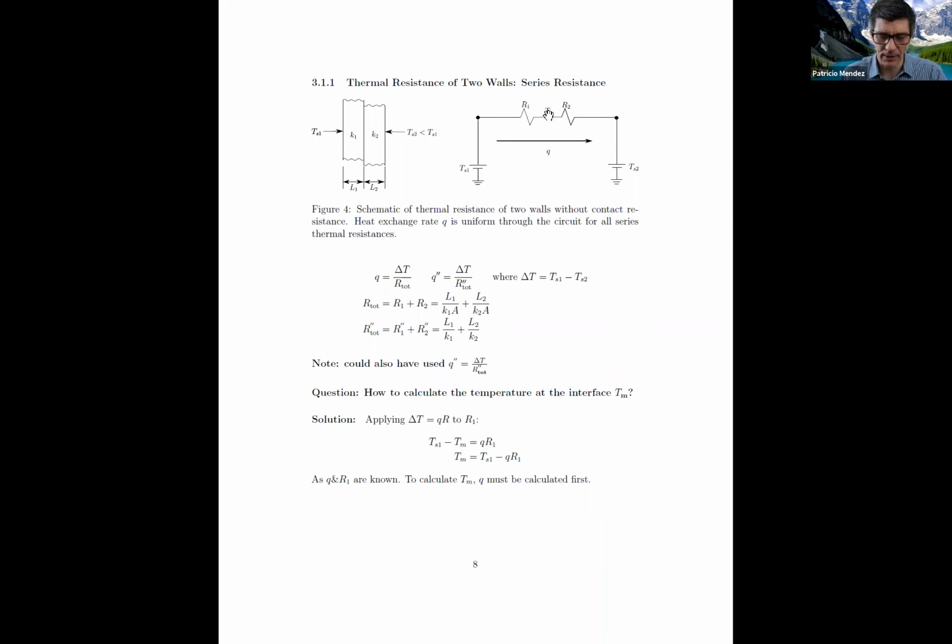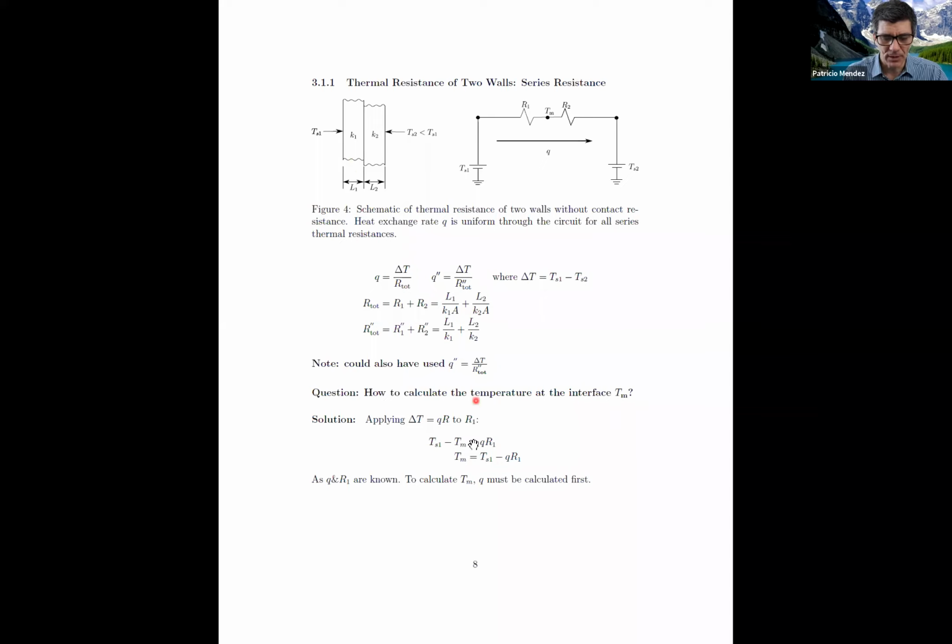But we can calculate it because the heat that is going through the resistors is all the same. I'm going to delve into why it is all the same in a second, but the heat is all the same. So now that I know Q, I would know that, for example, for wall 1, the delta T between TS1 and Tm is Q times R1.